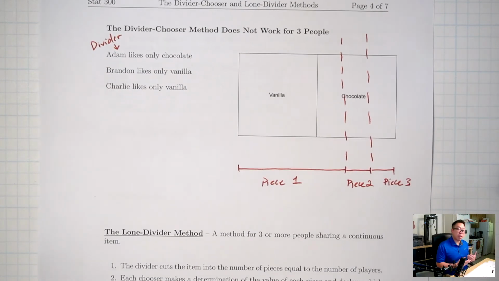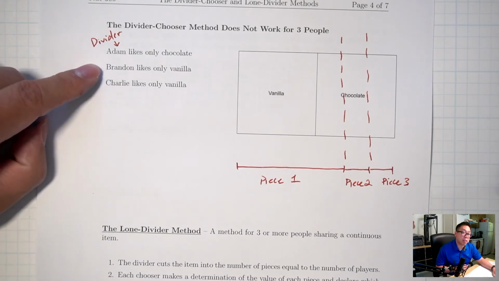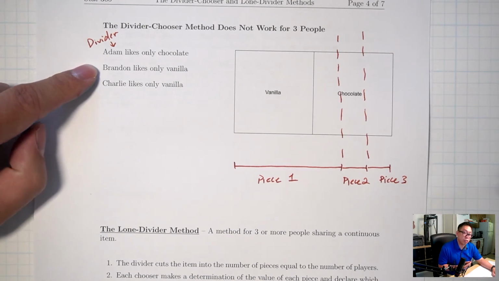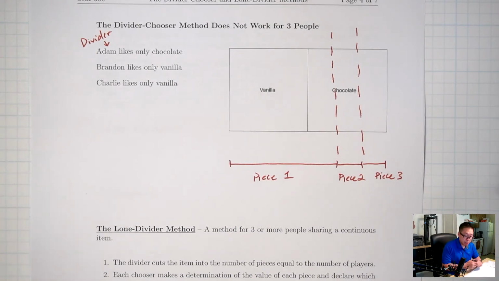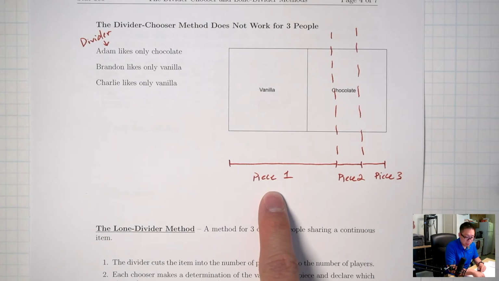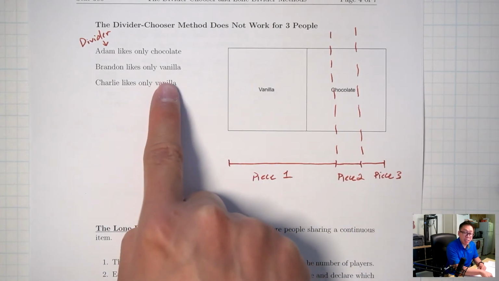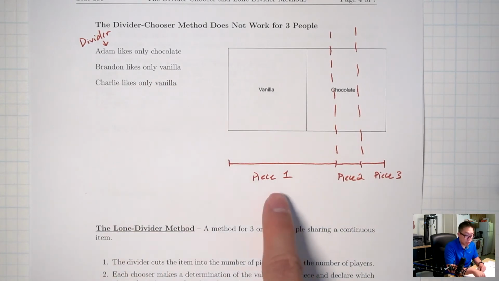Now, what happens next? What happens next is the other 2 people get to choose. So it depends on who gets to choose next. Say Brandon chooses next. Which piece is he going to choose? He sees 3 pieces, piece 1, piece 2, and piece 3. He likes vanilla. He's probably going to choose piece 1.